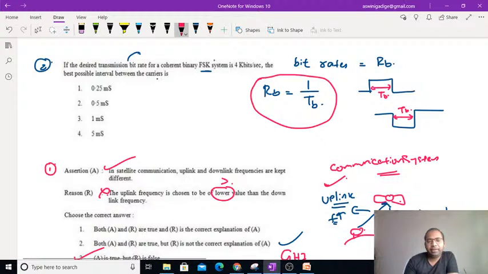Frequency shift keying is one of the digital modulation techniques. The message signal comes from the output of pulse code modulation, where the input is an analog signal that we convert into a digital signal by PCM.